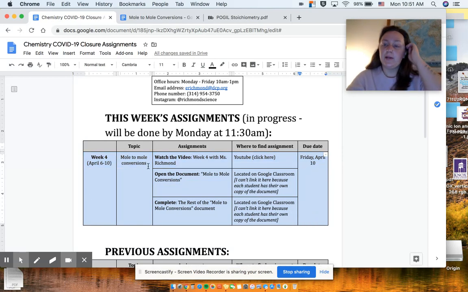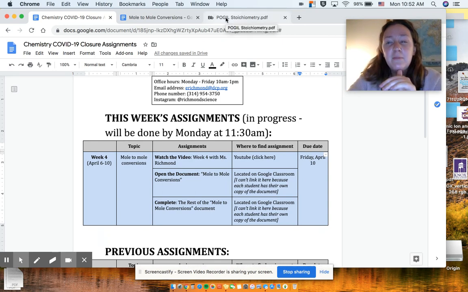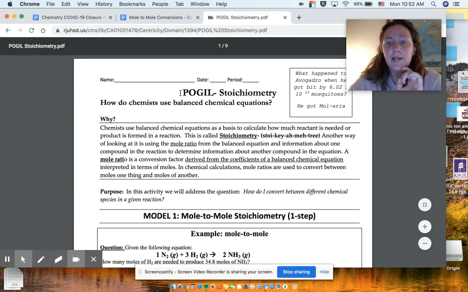So for this week, we're going to be continuing to work on stoichiometry. I expect that that's what we'll be working on for the entirety of the school closure, depending on how long it lasts. When we were back at school, some of my classes, I'm positive first period, a couple groups got started on this stoichiometry POGL.